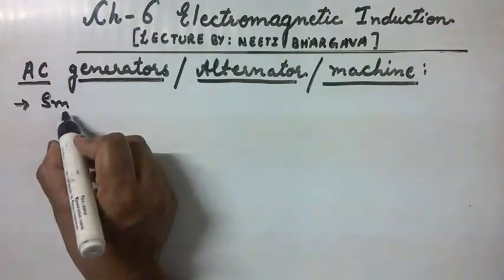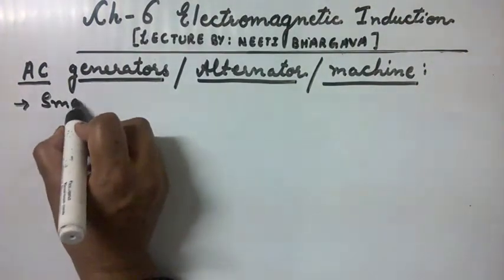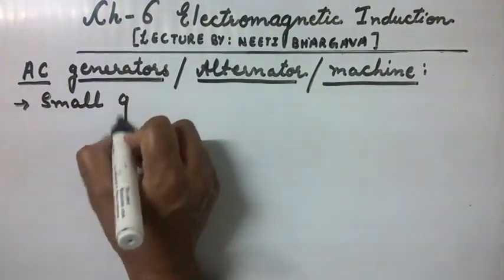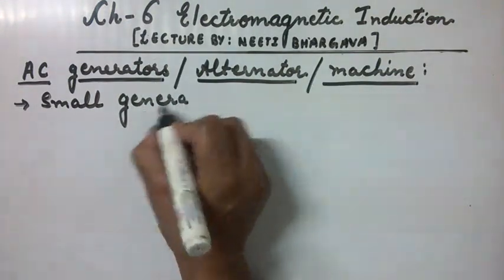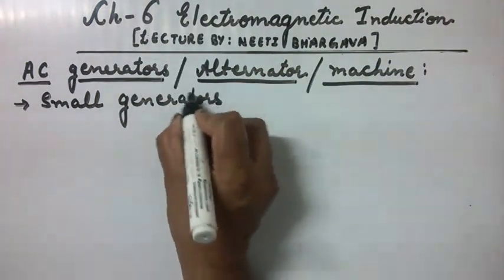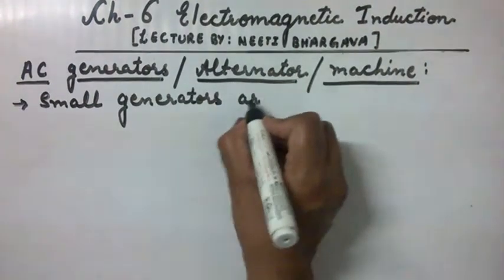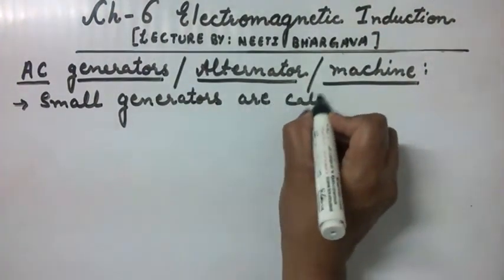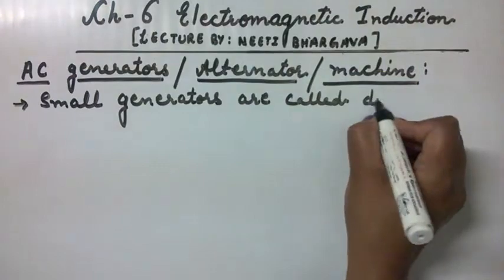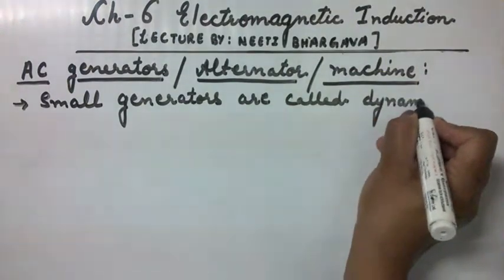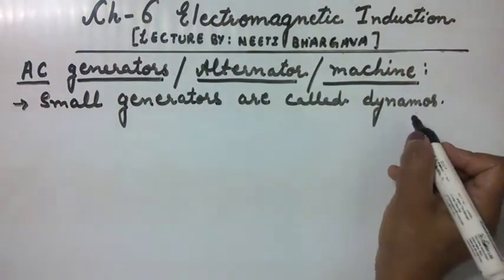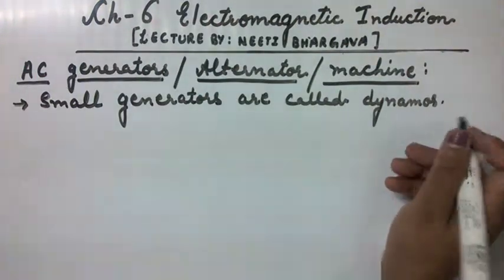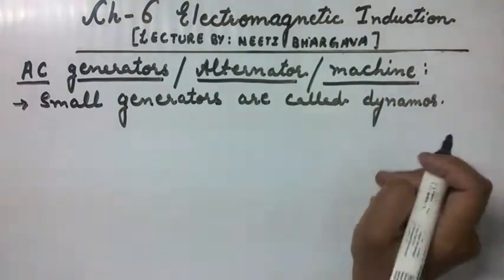Whenever we require a small AC current, small AC currents are produced by small generators and are known as dynamos. For example, we use dynamos in bicycles to induce electricity to run the light in the bicycle.